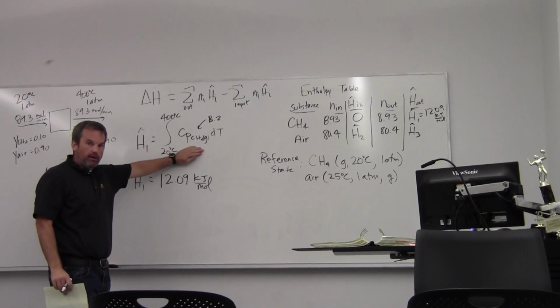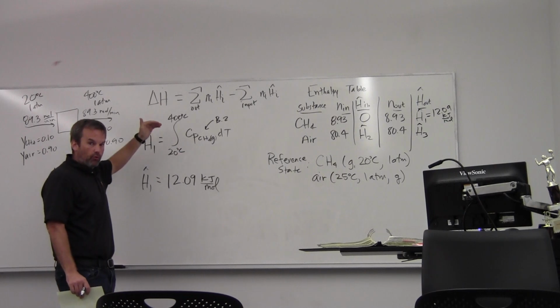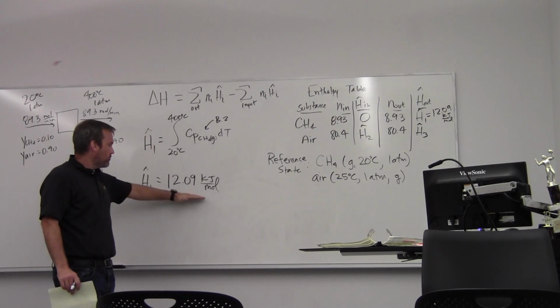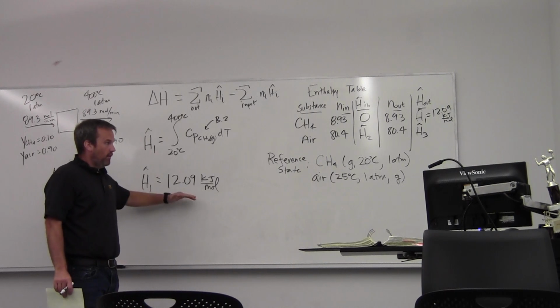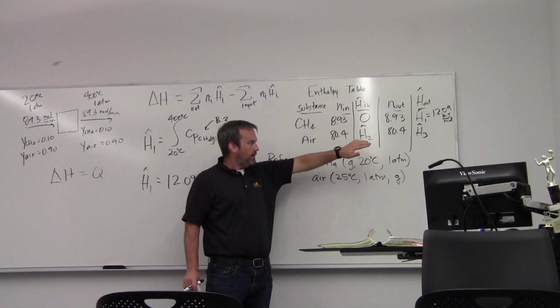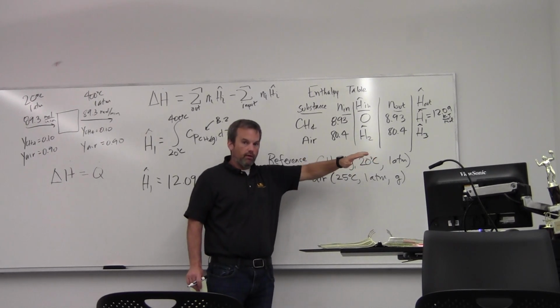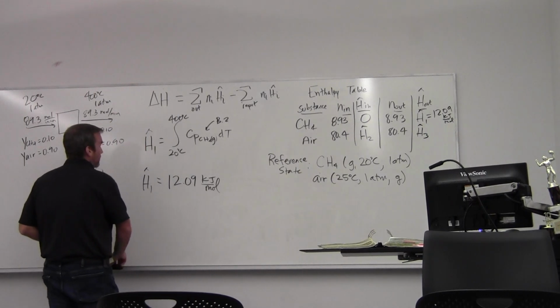Again, I made that look easy on the board, but in reality, to get that value, I had to look up that nasty polynomial, plug it in here, integrate it, evaluate the integral, and do a lot of complex math to get this. That's why for air, I picked this reference state, so I can just use B8 to get H2 and H3. So now I'm going to get those two from B8. So let me erase this.